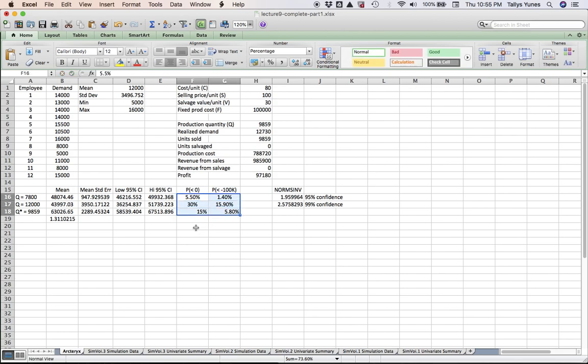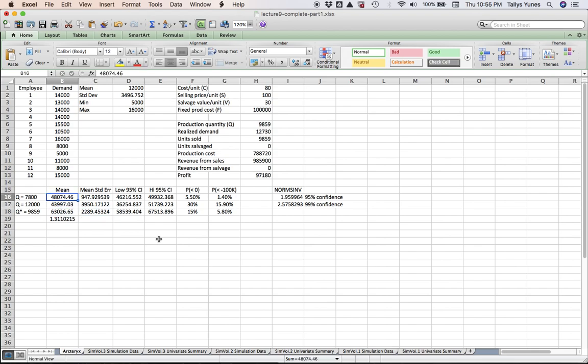Now this has become a little less obvious for the following reason. I think it's still obvious that the 12 is a pretty bad idea. But now if you look at the 7,800 and the 98.59, this is a call that you have to make.